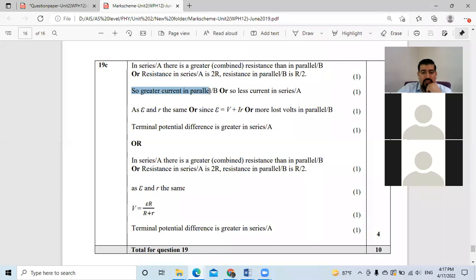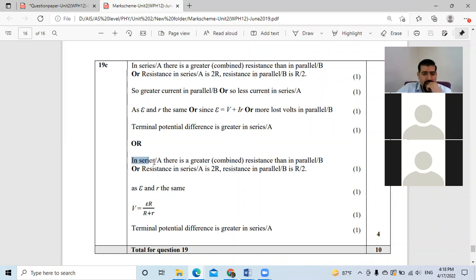So greater current in parallel or less current in series. As EMF and r are the same, due to the formula V equals EMF minus Ir, or EMF equals V plus Ir, there is less voltage in parallel. So the terminal potential difference is greater in series, or in A. That's a way of explaining the answer.